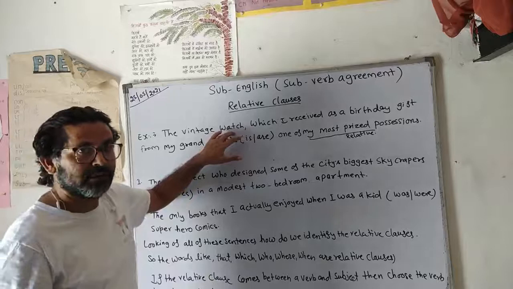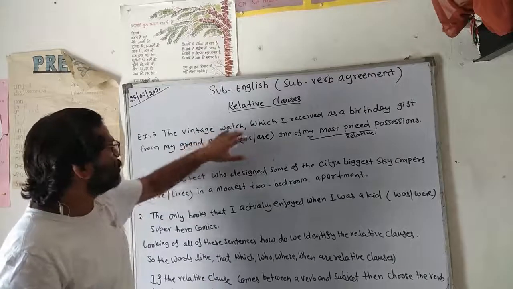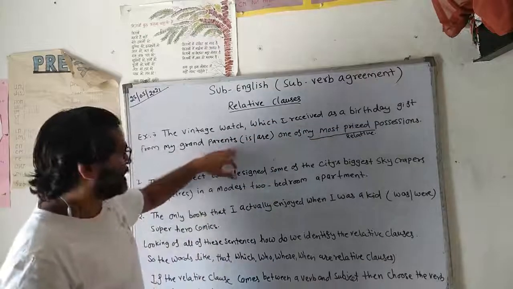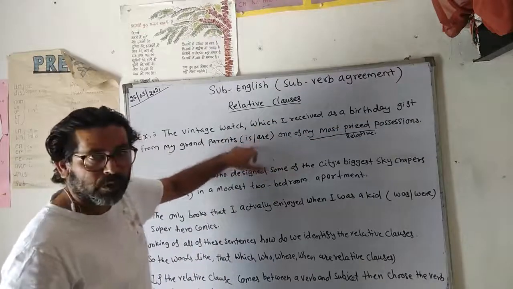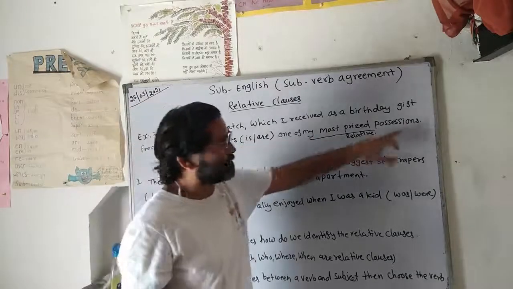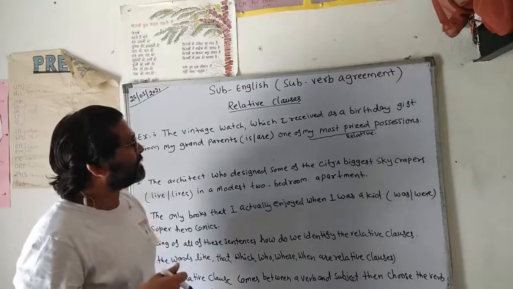Vintage is a brand, and it's a very expensive watch also. So the vintage watch which I received as a birthday gift from my grandparents is, we have to choose the verb over here according to the subject, one of my most prized possessions. So how do we identify a relative clause in this sentence?